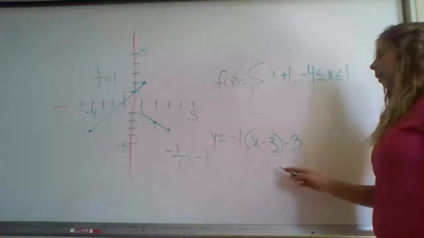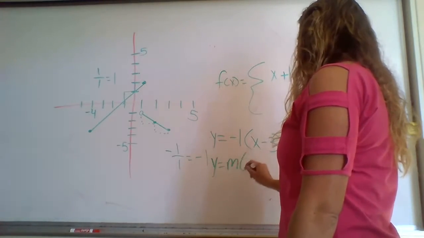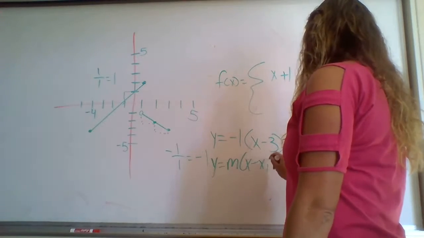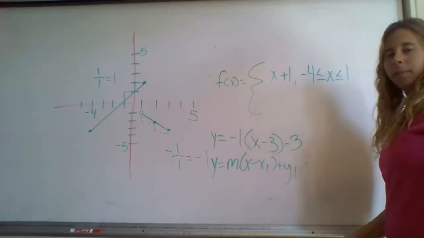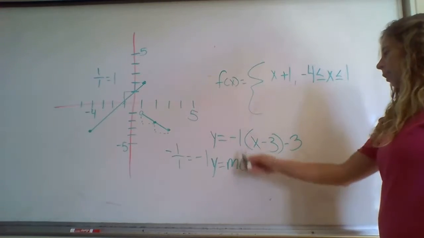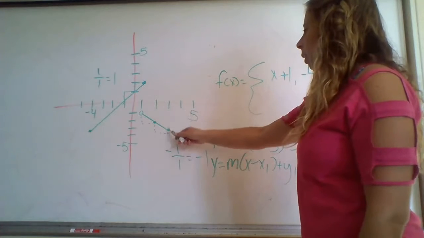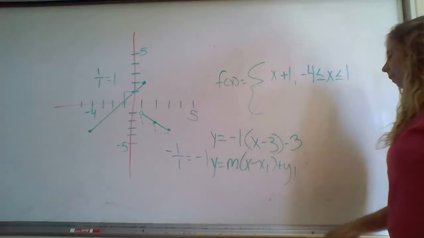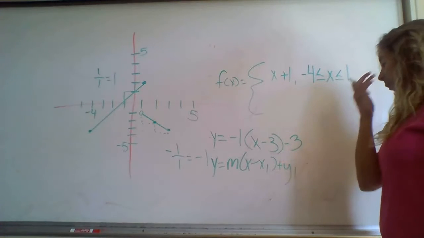So that's writing in point-slope form, which is y equals the slope, which is like that. So that's your slope, and then my point that I chose is 3, -3. So -3, and then plus y1, so -3 again.